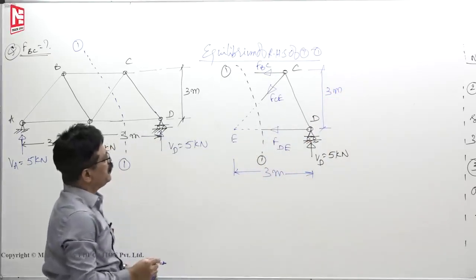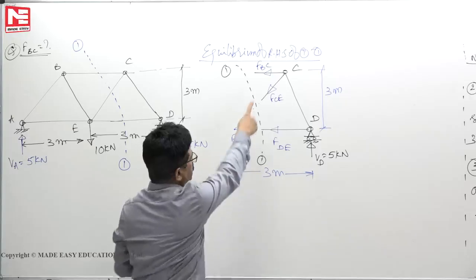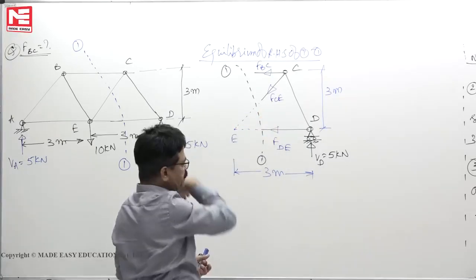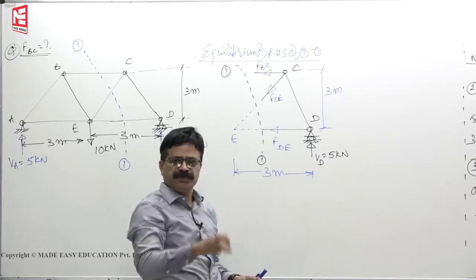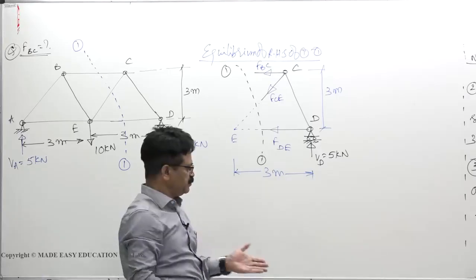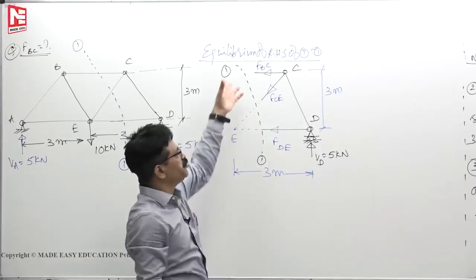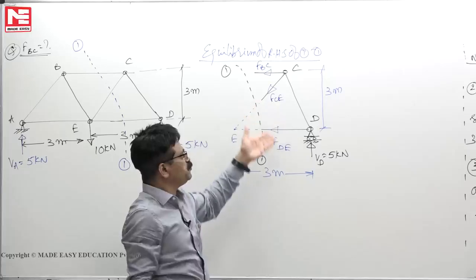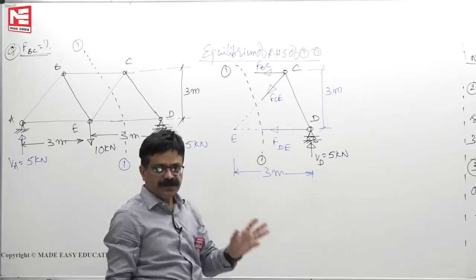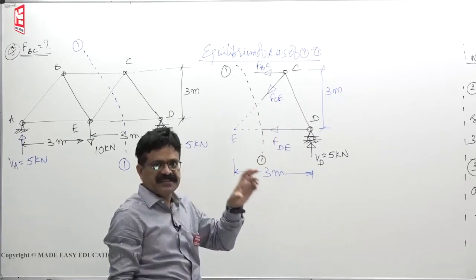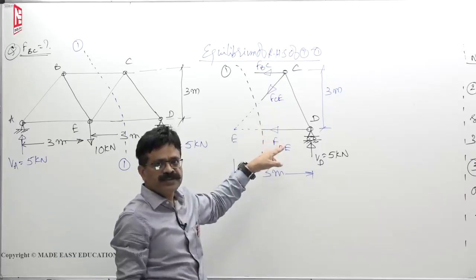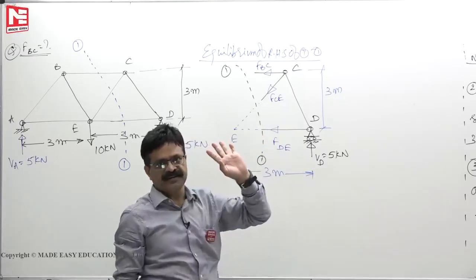Okay. Now, we are interested only in the member BC, not interested in the 2 members. The unwanted members we don't want to deal with either, because we have only 1 minute. We have to find BC and get out. So, you must take an equilibrium equation such that these 2 forces will not come in the equation at all.